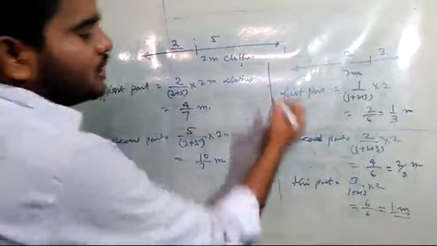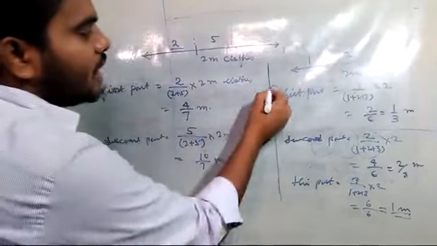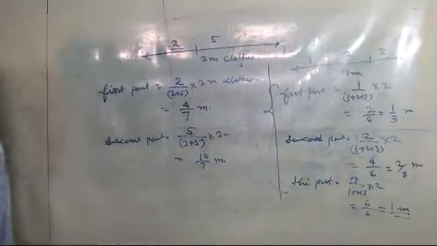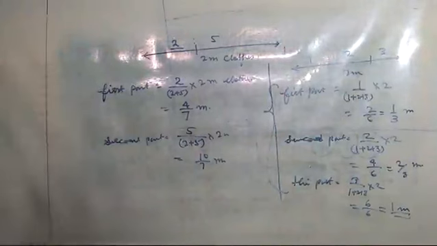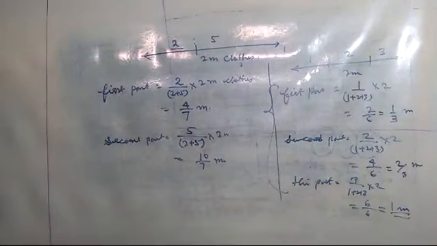So this whole 2 meter cloth is divided into 3 parts in 3 different ratios, and each of them will be getting certain values. So in this way we can divide any quantity into its different parts, into its different ratios. So I hope with this knowledge you will be able to solve exercise A of this chapter.